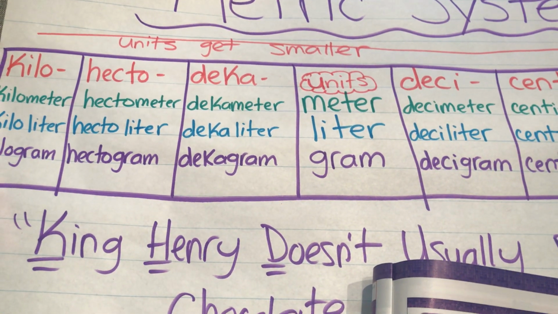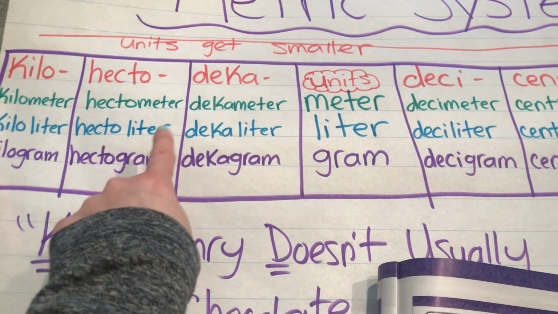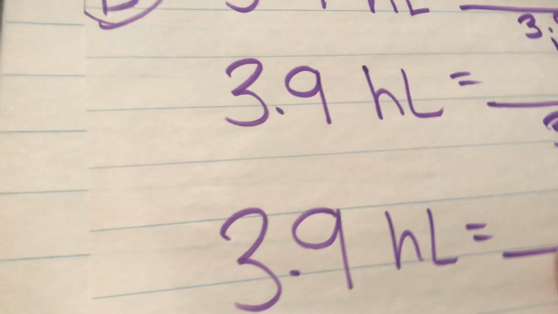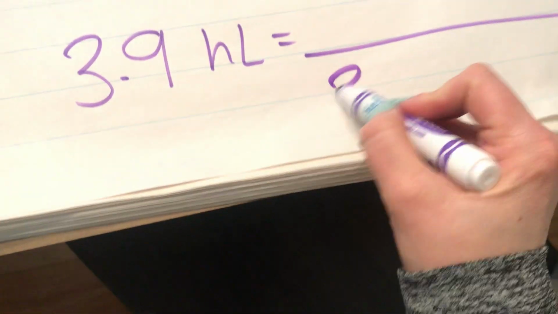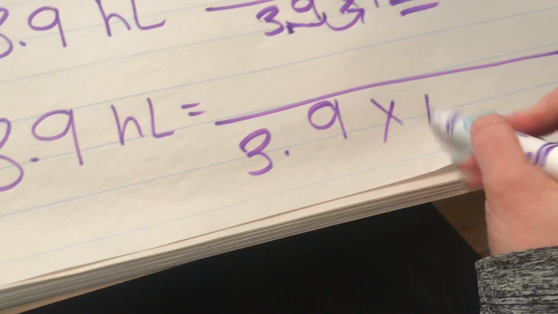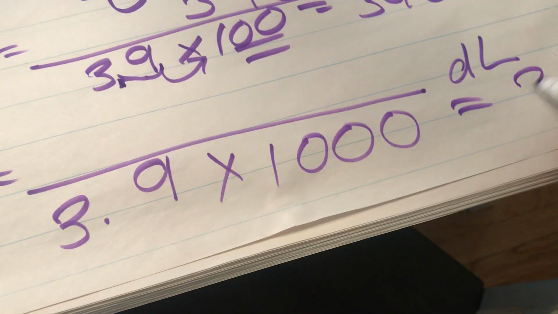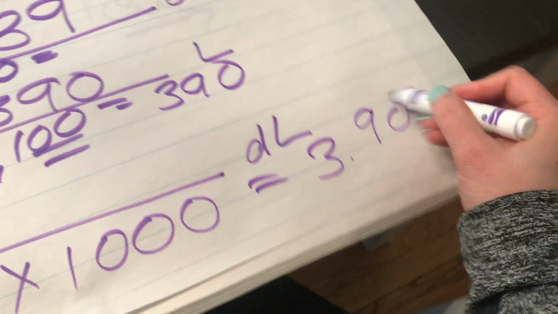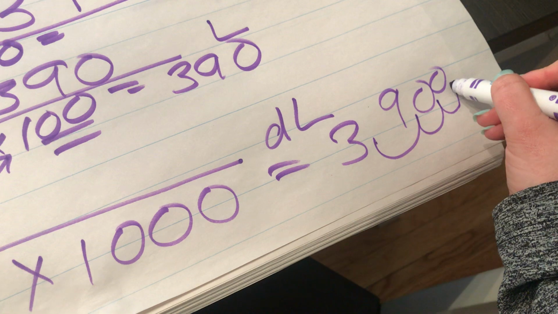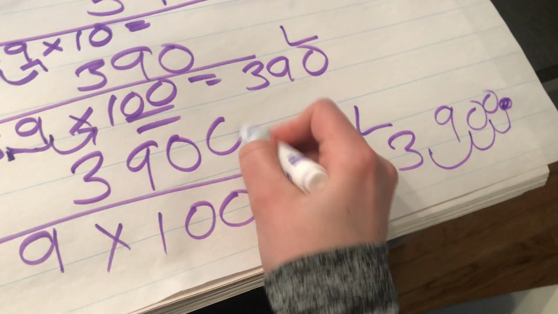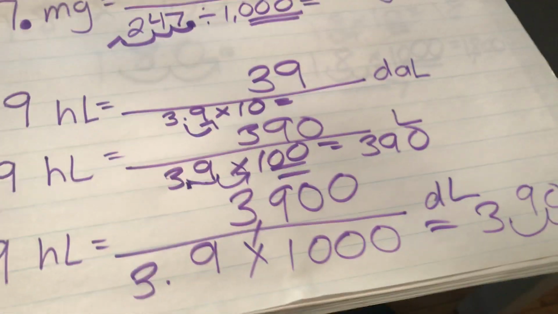Since I moved it 3 hops, I am multiplying it by 10, so I'm going to move my decimal 3 hops to the right. Okay, so here's 3.9 times 1,000, and I'm going to move my decimal point 3 hops. 1, 2, 3 to the right. So it now becomes 3,900.